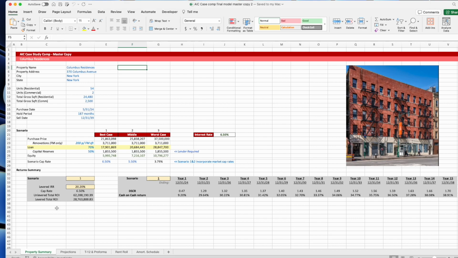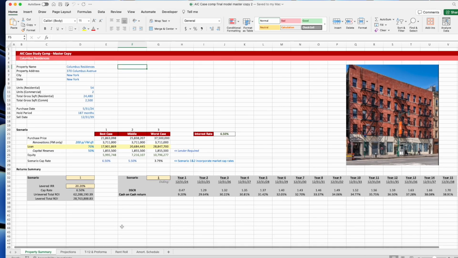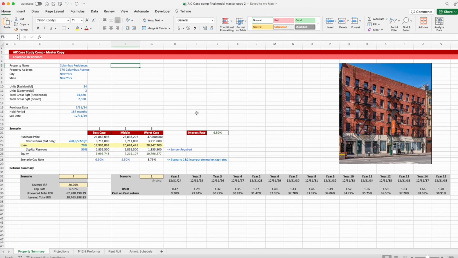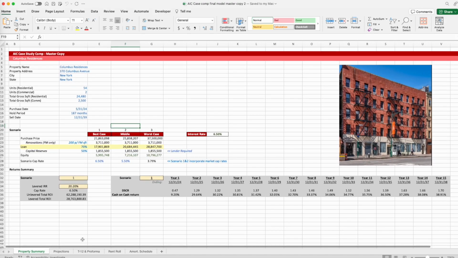Top Shelf Academy makes templates, for example, and they'll use that. But a lot of the bigger shops will either have their own or make you build one out, and this is the one I've built out. Hopefully you will either amend this or use it for your own competition use. To get started, this is the property summary.